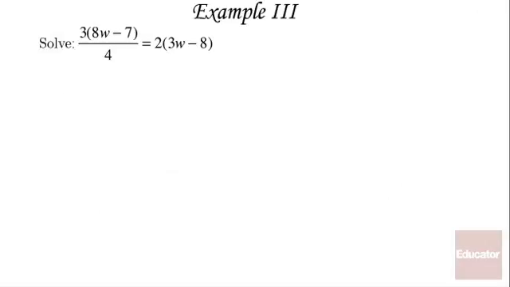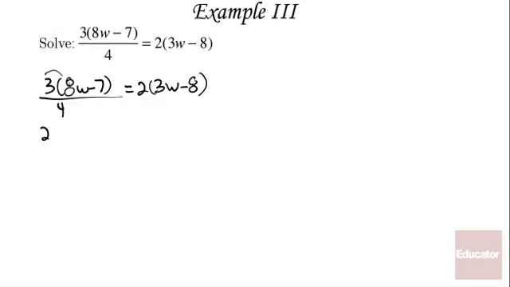Okay, in this next example we have 3 times (8w minus 7) over 4 equals 2 times (3w minus 8). Once again, I'm going to remove the grouping symbols first using the distributive property. I'm going to remove the parentheses. 3 times 8w is 24w. 3 times negative 7 is negative 21.